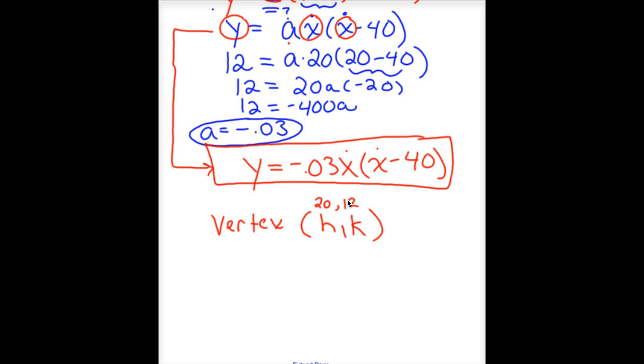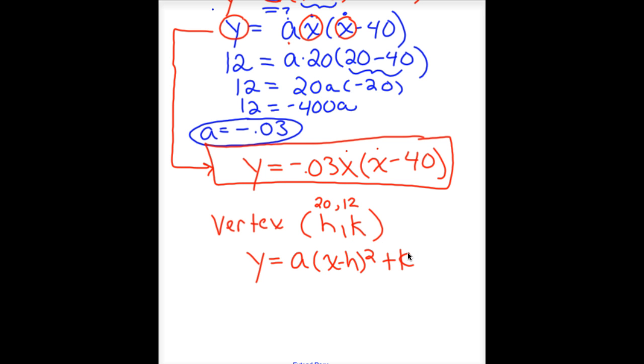So the h for us is 20 and the k is 12. In vertex form, it looks like y equals a times x minus h squared plus k.